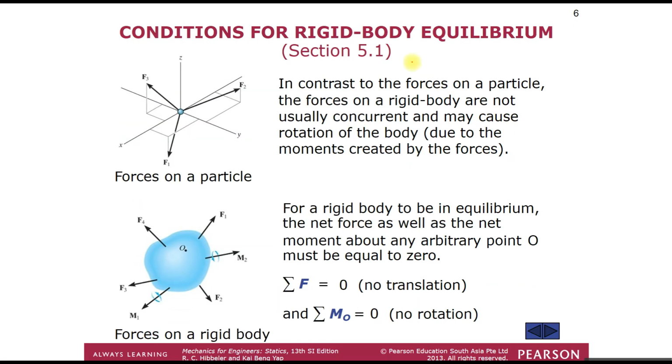So how do we draw a free body diagram? In contrast to the forces on a particle, the forces on a rigid body are not usually concurrent and may cause rotation of the body due to the moments created by the forces. Meaning that when we discuss equilibrium of particles, we're talking about concentrating at a point, whether or not there are any reaction forces, or the mass, the center of gravity of the particle.